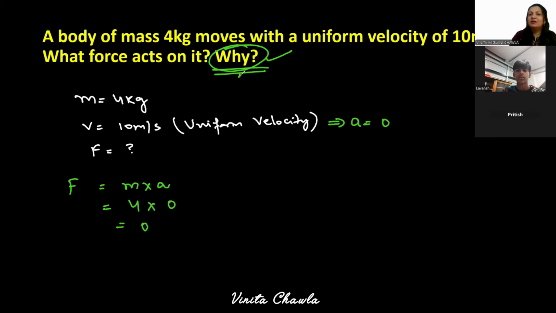You can relate this with Newton's first law of motion, which states that an object at rest stays at rest. An object which is moving with uniform velocity will continue to move with the same velocity in the same straight line unless or until some external unbalanced force acts on the object.